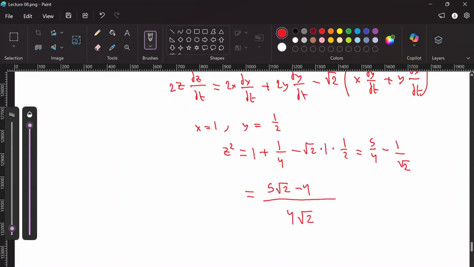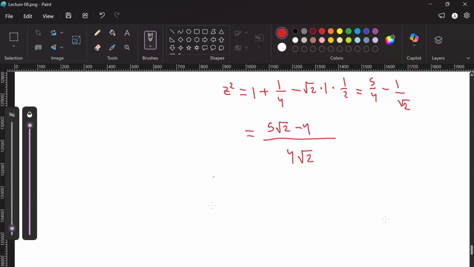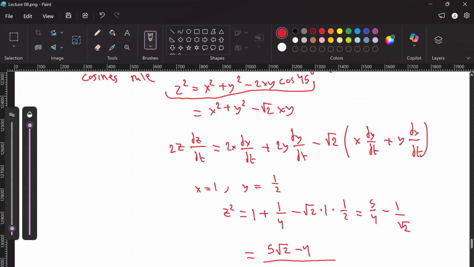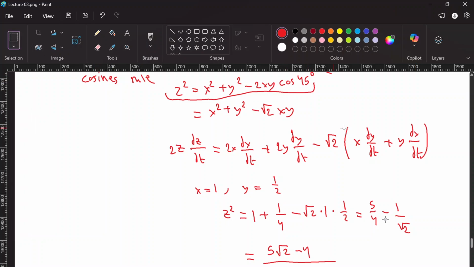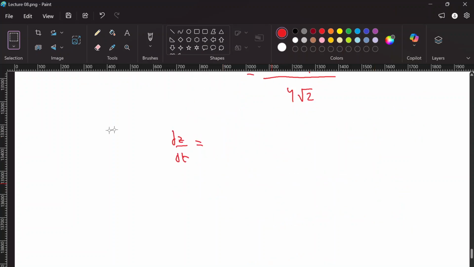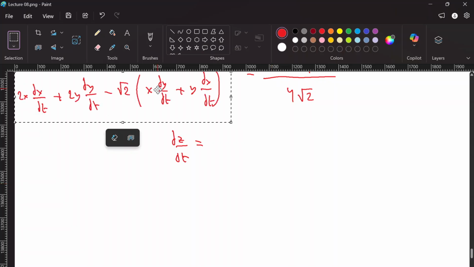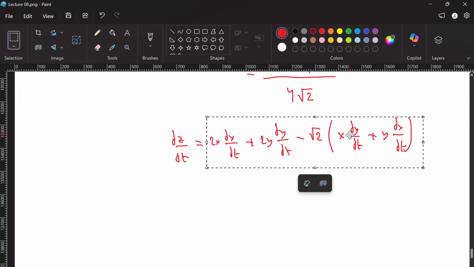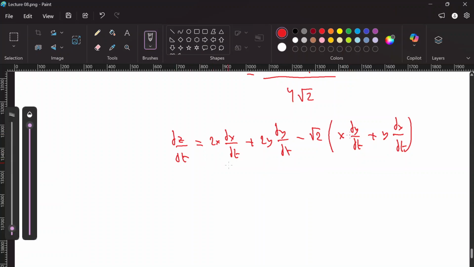Next we substitute everything. So the formula is dz over dt equals this divided by 2z. You divide by 2z to make it dz over dt.